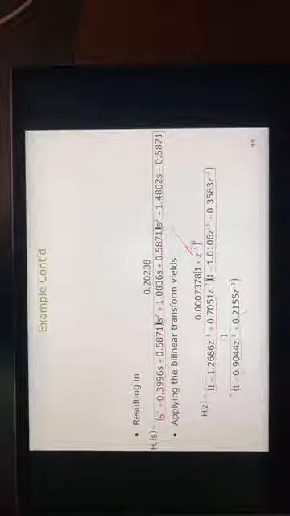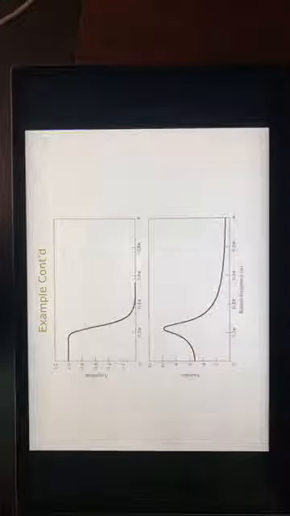So the good thing about the bilinear transformation is that what you design in the H of s, j omega domain will meet the specification. And remember, I told you this is an RC circuit.